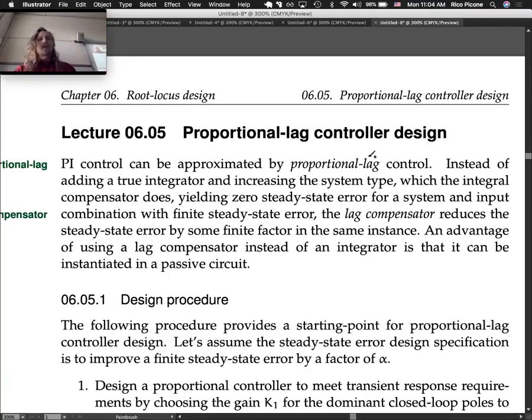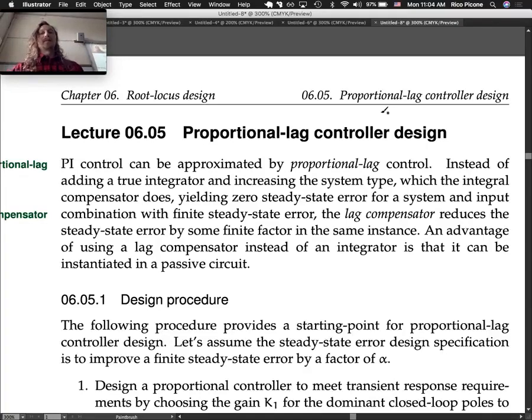So PI control can be approximated by proportional lag control. Instead of adding a true integrator and increasing the system type, which is what including an integrator does, yielding 0 steady-state error for a system and input combination with finite steady-state error. So that would be a PI controller, just like the example that we did.